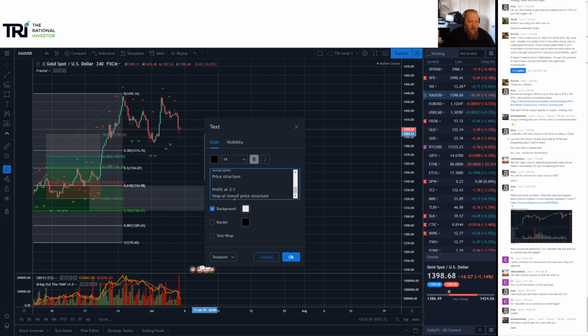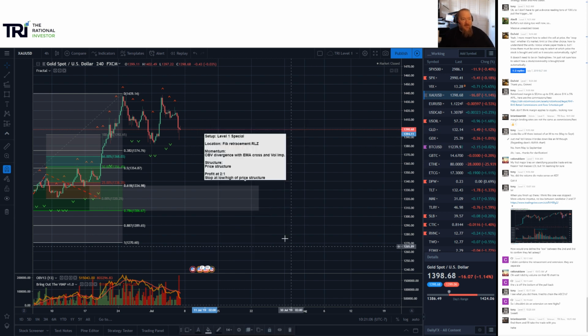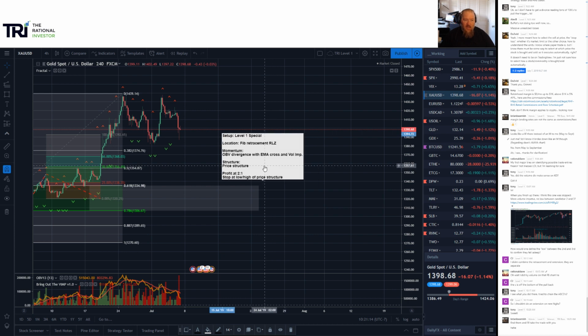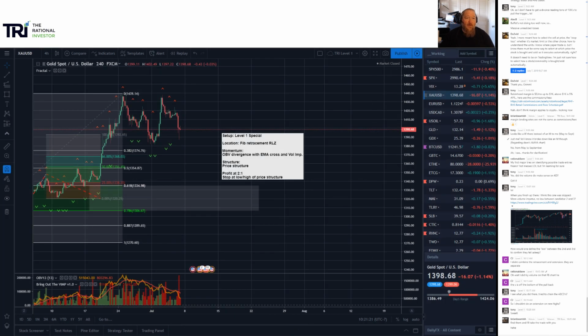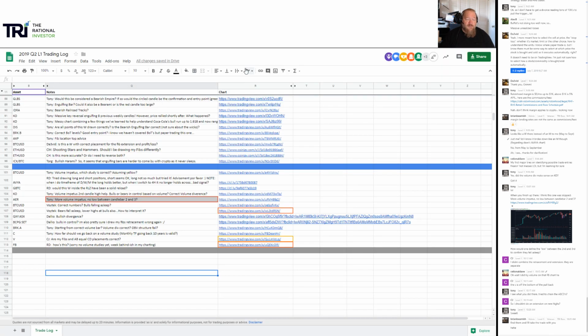I'll say low high, right? And what I mean by low high is if it's bearish, it's going to be the high of your price structure. If it's bullish, it's going to be the low of your price structure, right? That's going to be the part where you put your stop. And then we want to set your profit at 2 to 1. Let's try doing that in the next week's charts.